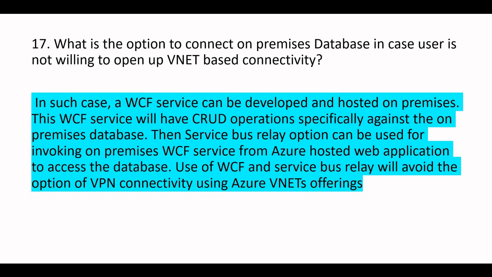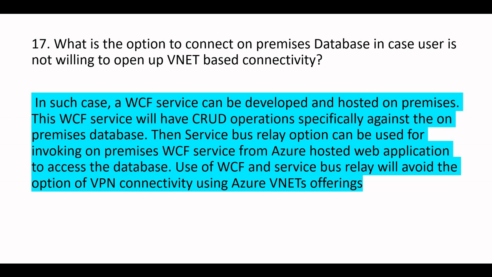In case the user is not willing to use VNet based connectivity, then what is the option? In such cases, we can use a WCF service, Windows Communication Foundation service. WCF service can be developed and you can host it on premises. It will have some CRUD operations, create, read, update and delete operations against the on-premises database.